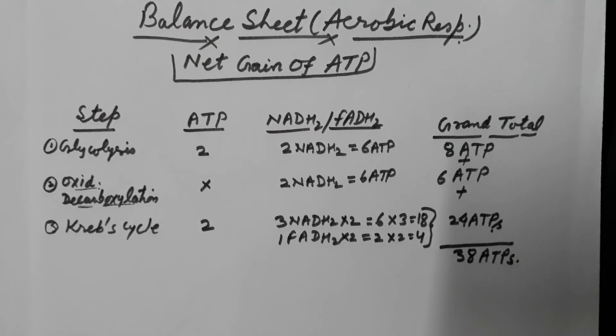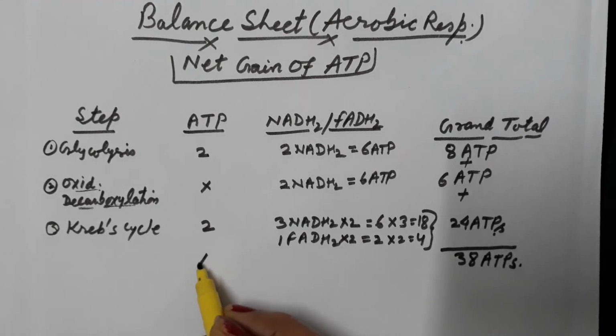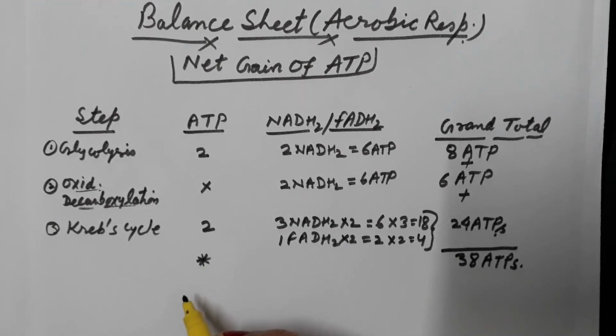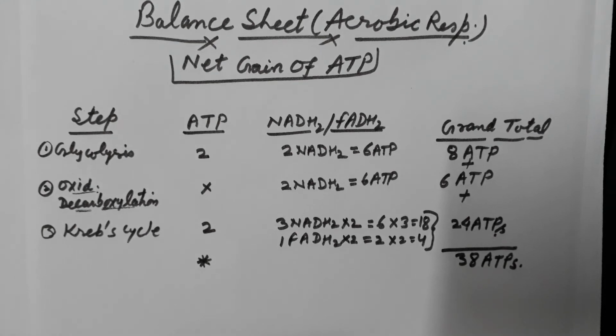2 ATP get used up in the transport of 2 NADH2 molecules synthesized during glycolysis. As we know, glycolysis takes place in the cytoplasm, and the electron transport system is present in the inner mitochondrial membrane.